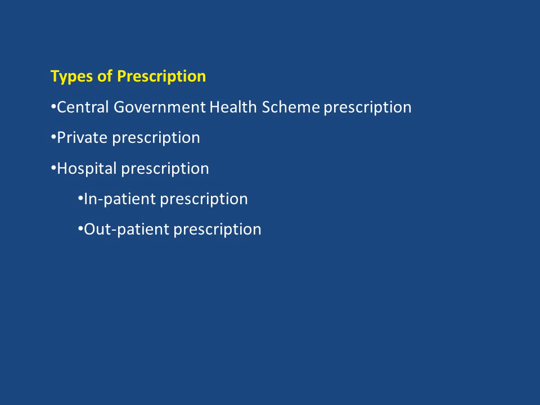Third type are the hospital prescriptions, wherein there are two types, inpatient prescription and outpatient prescription. In case of inpatient prescriptions, these are for the inpatients written on a physician's order form.